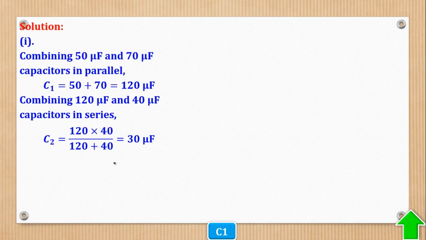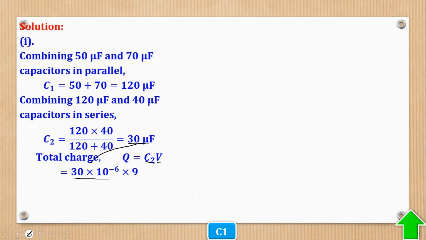So we now know the total capacitance and the total PD, meaning we can get the total charge. Total charge will be total capacitance times total PD, substitute. This was in microfarad, that's why we convert to farad by multiplying by 10 power negative 6, and then we shall get the charge in coulomb.